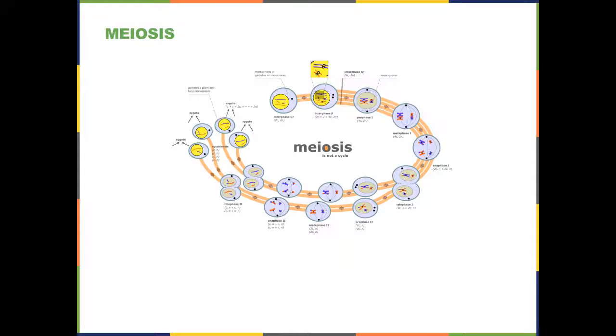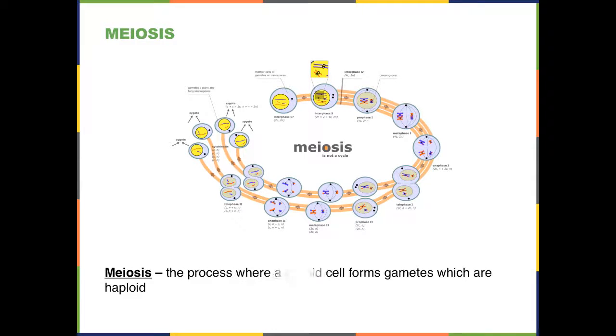As I said, we are going to finish up this biology lecture talking about a process known as meiosis. Meiosis is a process where a diploid cell forms gametes. And gametes, we'll talk about in a second, are haploid.